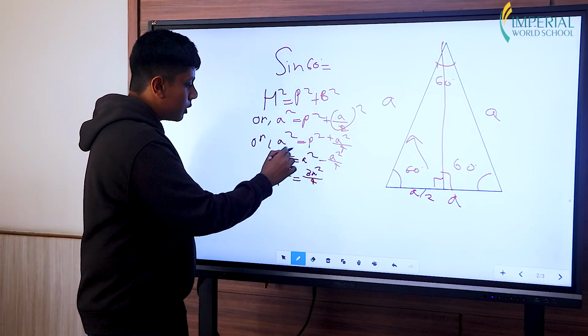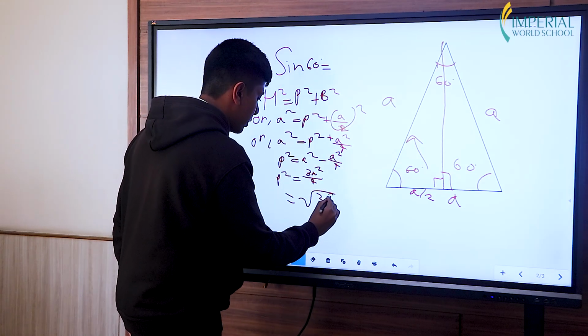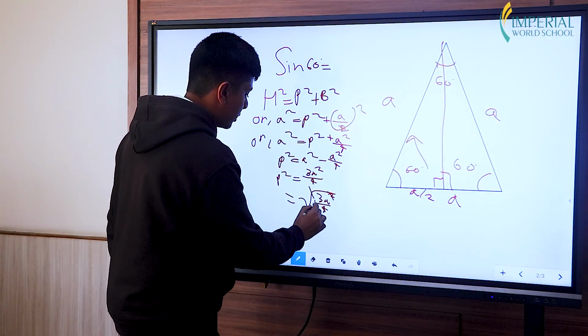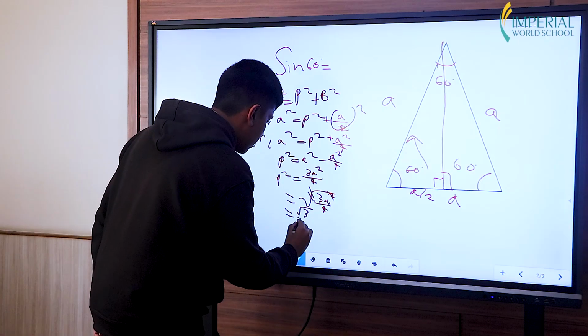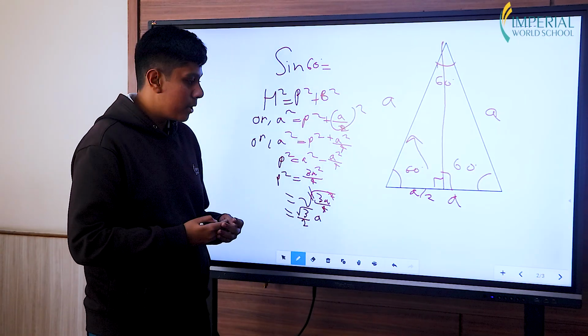Now we bring this square over here and it goes under root. So this will be written as root of 3a square by 4, and then the square root cancels out, which leaves us with root 3 by 2 a. This is the value of perpendicular.